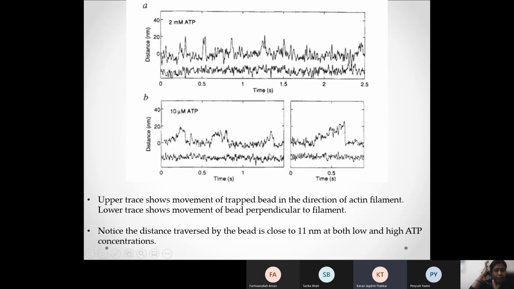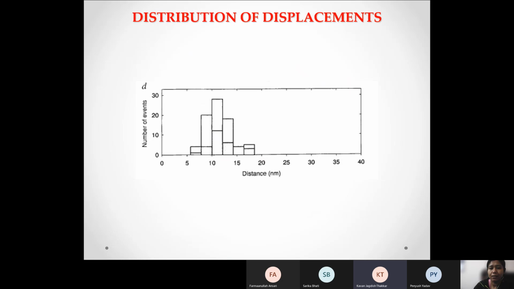So when you see this, you can now understand that if the distance is plotted on the y-axis here, then what is the average distance that this bead has traveled? That would give you an idea of the force that this one single heavy meromyosin is putting on the actin.